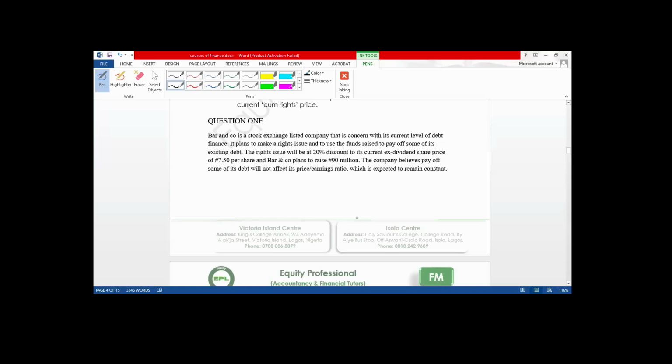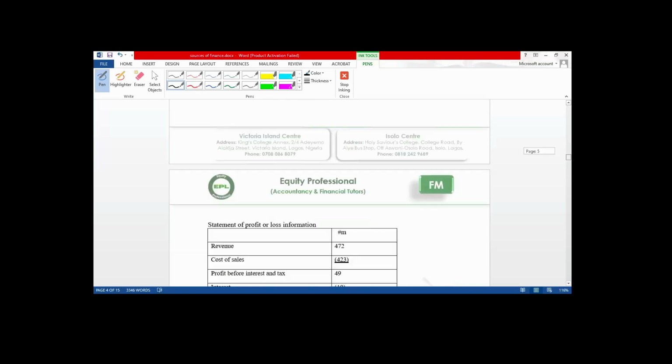Thank you, Grace. Look at it. We are not given the number of new shares, but we are told the amount the company wants to raise. The company wants to raise 90 million at a price of 6 naira per share. How many shares do we need to issue?